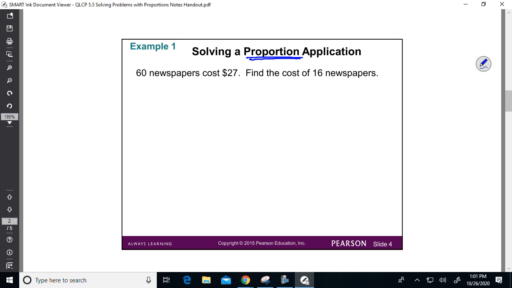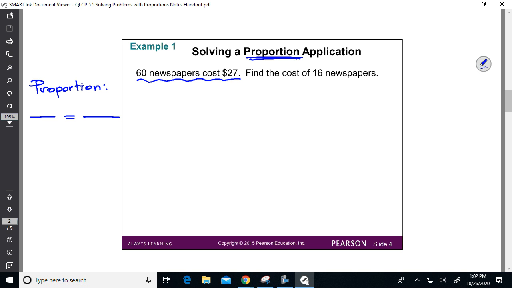So we've read it. Now we're going to set it up. So 60 newspapers cost $27. Now a proportion is always set up the same way. One fraction equal to another fraction. The first fraction, you have the choice in how you set it up. First fraction is always your choice. The second fraction is based off of the first fraction.